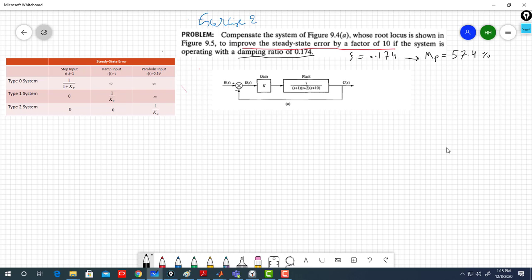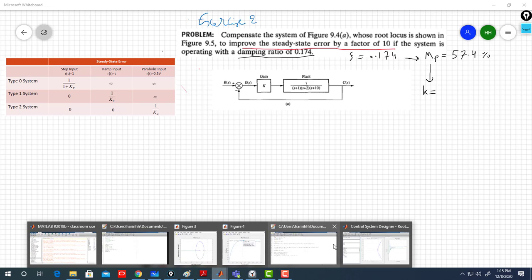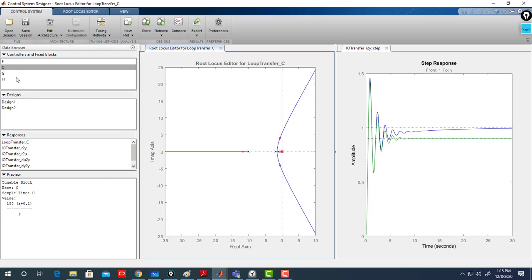Basically it's similar to the previous exercise, and directly I know we obtained this overshoot when K from the previous exercise was equal to how much. If we don't remember, we go to the previous exercise.